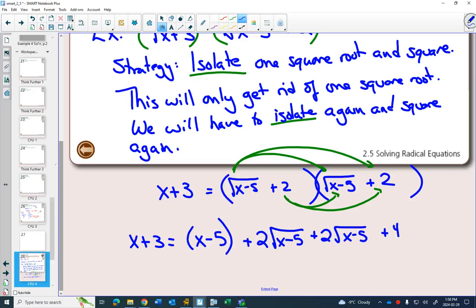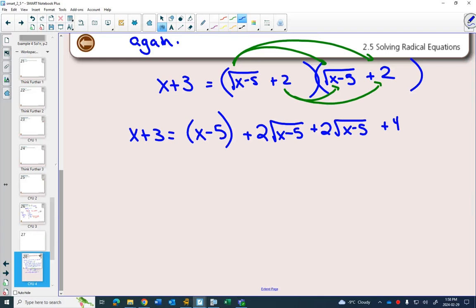So what I'm going to do in my combining of like terms, I'm going to at the same time isolate, and I'm going to only leave this 4 square root of x minus 5 on the right. Can you see that you'd have to subtract your x on this side? And your x's would go away. I have a minus 5 and a plus 4, which would be a minus 1 on the right-hand side.